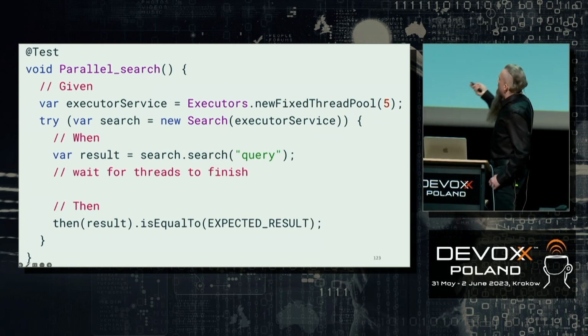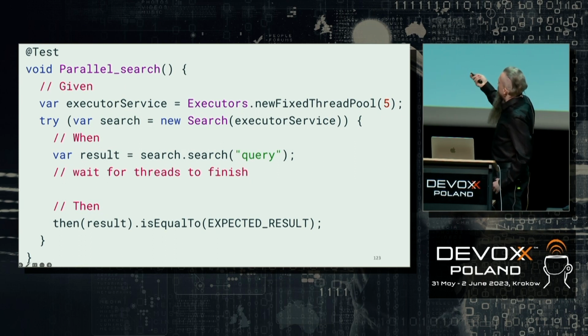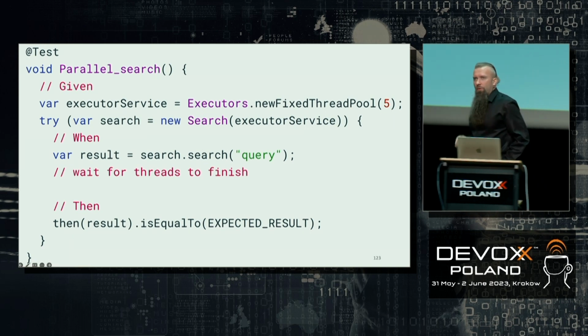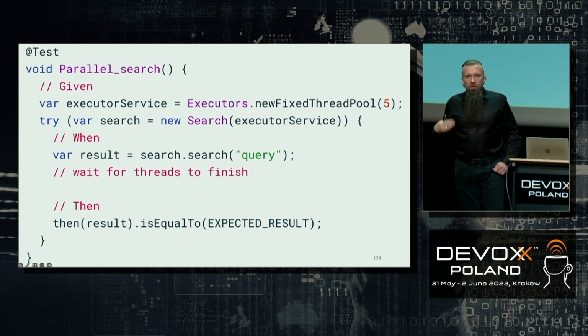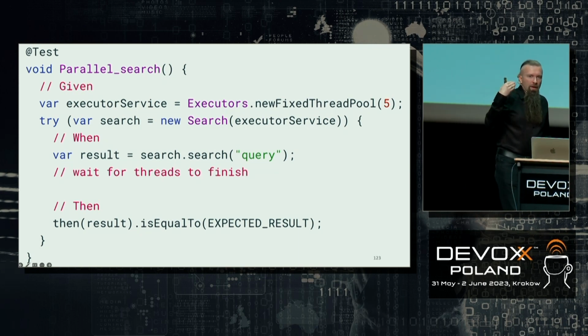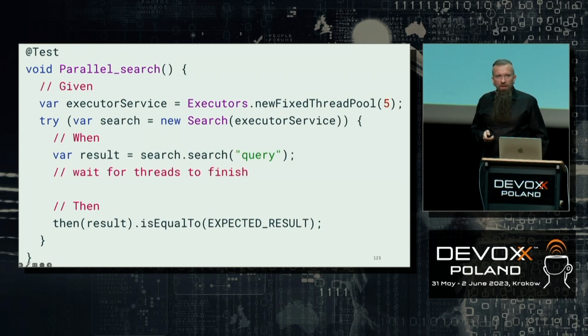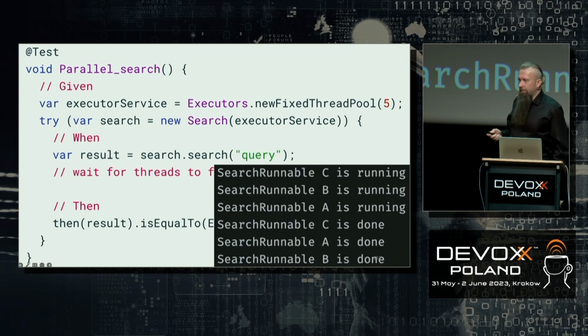We already learned how to wait for threads to finish, so we call our behavior, search for some query, wait for the result, and then we are able to focus only on testing if our multi-threading environment is working. So it will be much easier to spot the errors, and we are not mixing multi-threading and business logic in the same test.